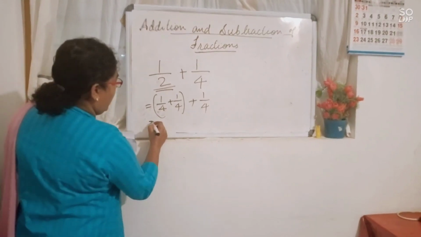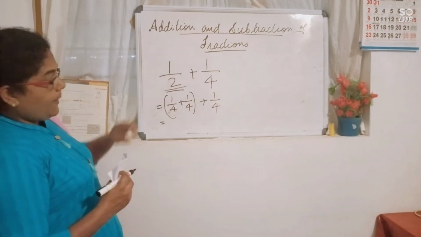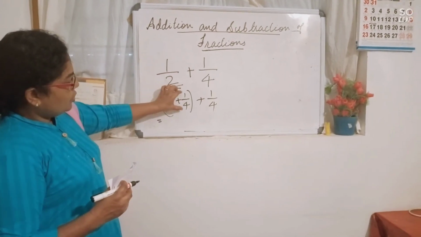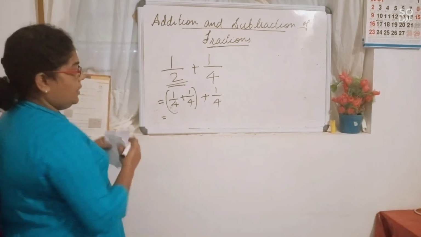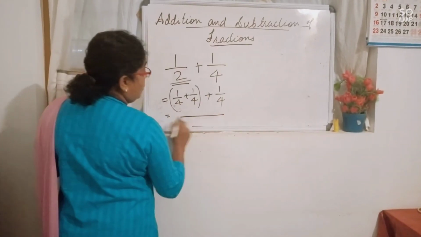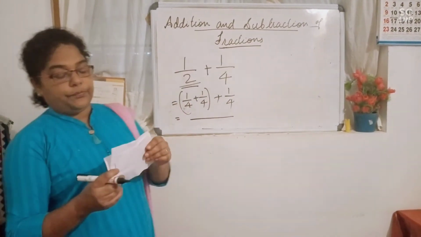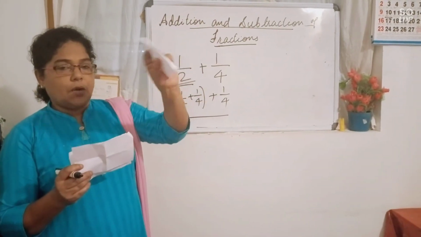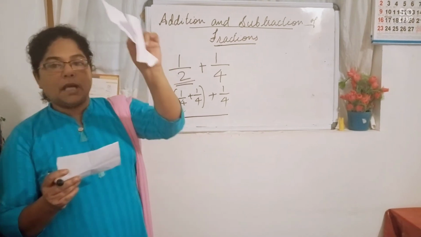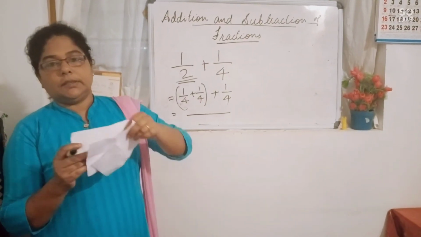So now we can add it. 1 part, 2 part, 3rd part. How are we adding the fractions? Here the denominator should not be added because this one is a quarter, 1 piece out of 4, and this is the next piece out of 4, and the next piece out of 4.